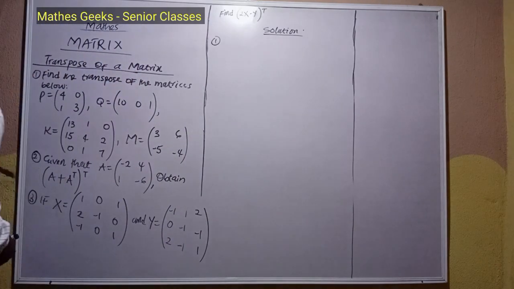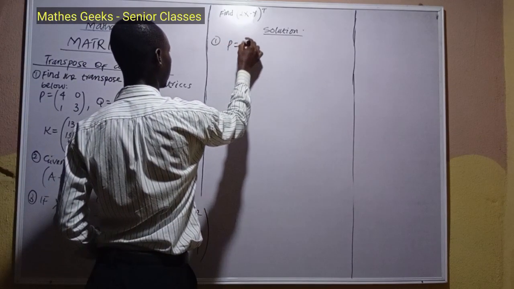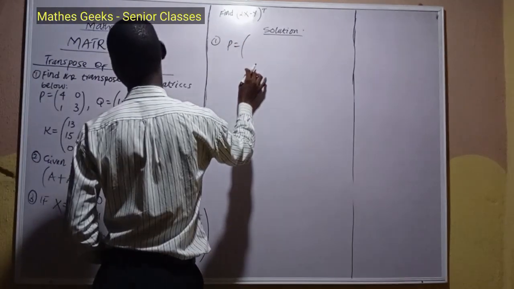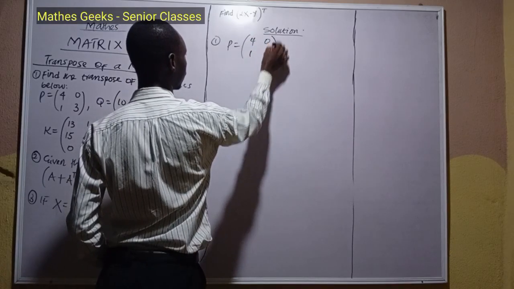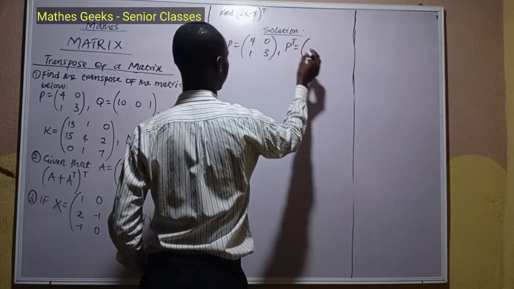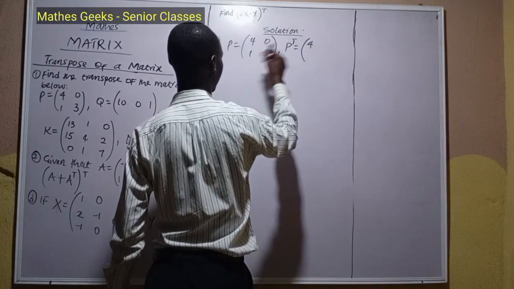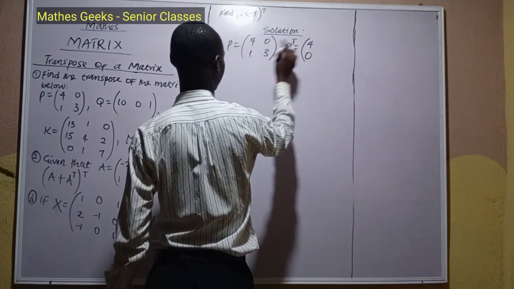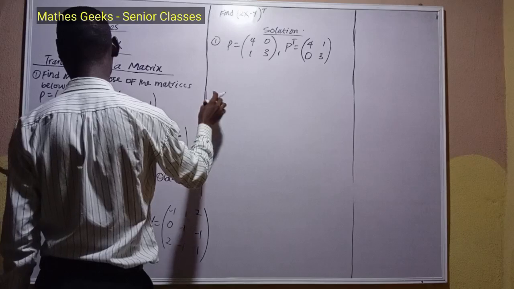We need to find the transpose of the matrices below. So P is 4, 0, 1, 2. Transpose P is equal to 4, 0. Turn the row to a column. This row to column, 1, 2, as a transpose.